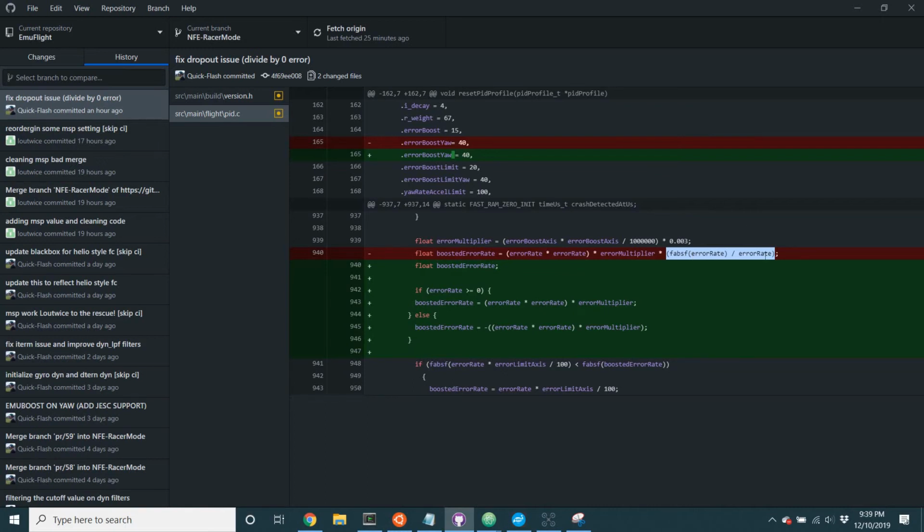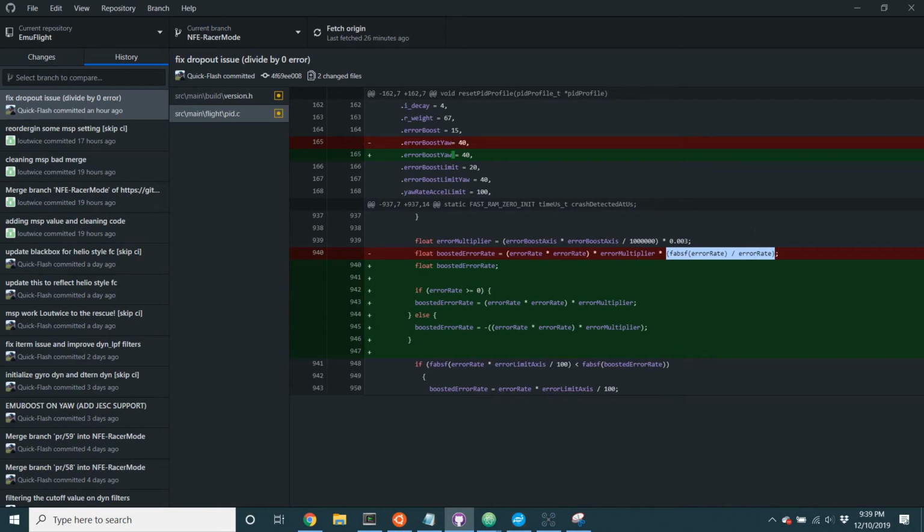And so, on the off chance that the error that you're seeing while you're flying is 0, instead of having 0 divided by 0, which I'm not even sure if that would give you an issue, if you take the absolute value of it, it's going to give you a number that's not quite what you would expect it to be.